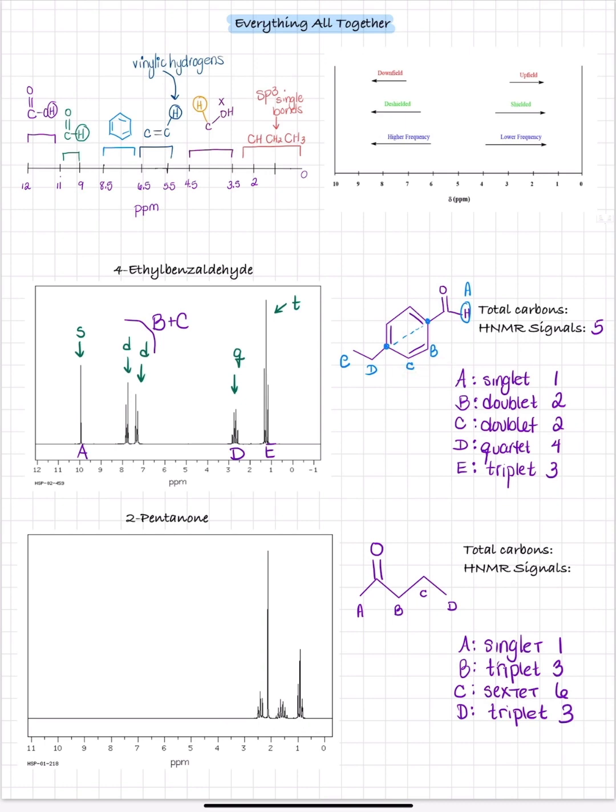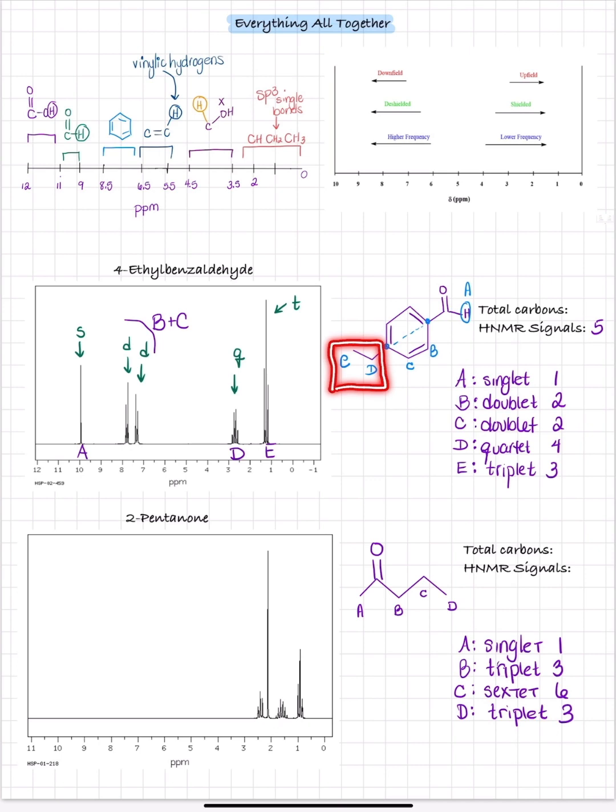Now these two, they're both in the aromatic region, which we said was around 6.5 to 8.5, so it's found there. But what's the difference between C and B? When I look at the neighboring carbons, they're both similar, but what I really want to pay attention to is the groups it's connected to.